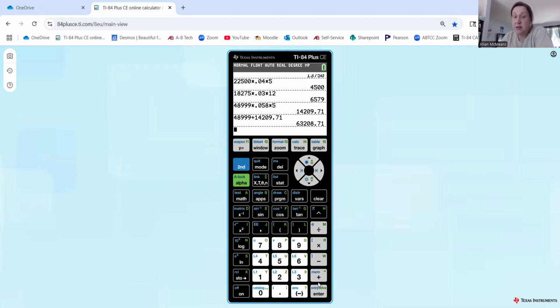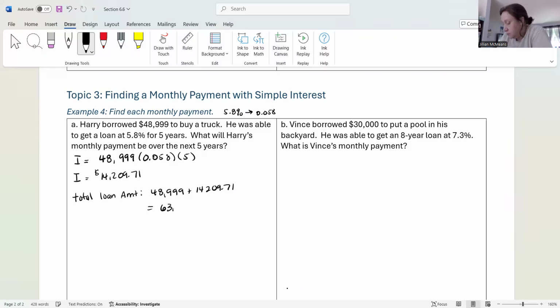This tells me that at the end of 5 years, Harry is going to owe $63,208.71. So at the end of 5 years, this is how much Harry actually has to pay back.